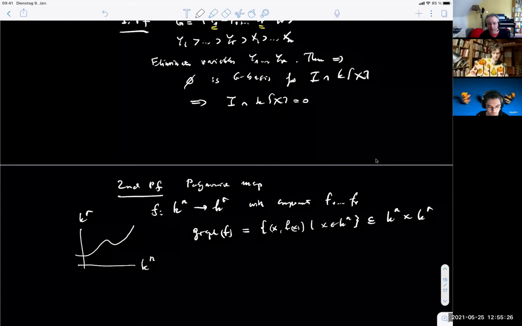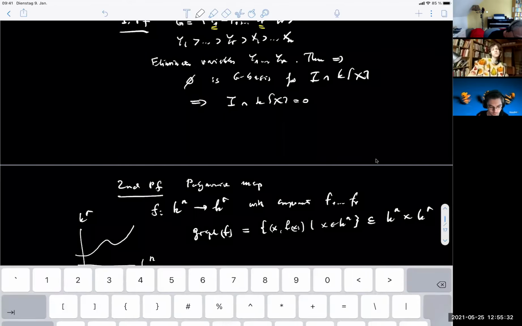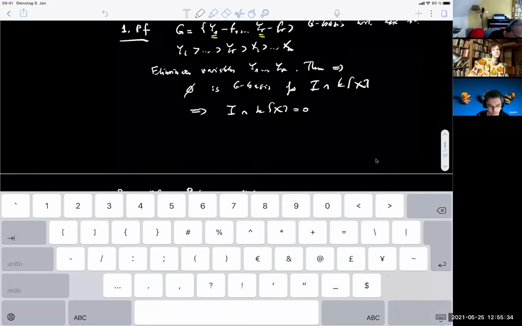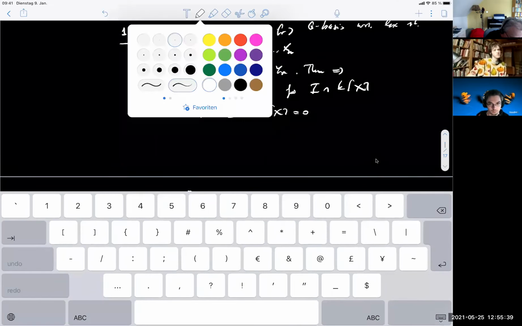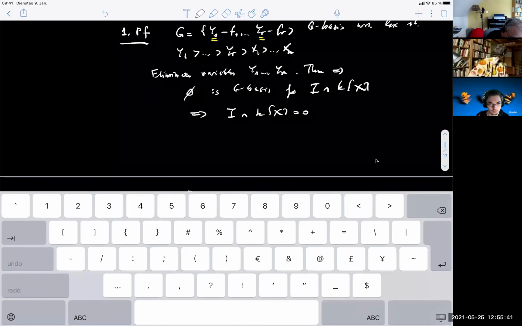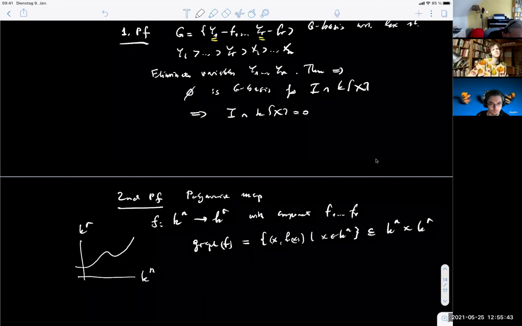This is the graph. And the image, so if I take the projection now to the second component, so I project to K^r, what do I get here? Can anybody tell me what will be the image of the graph under this projection?